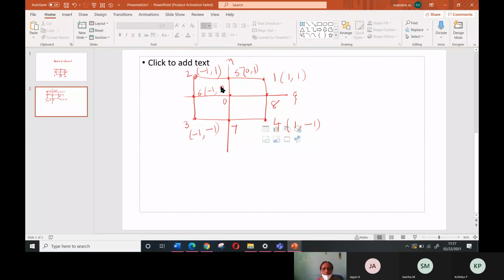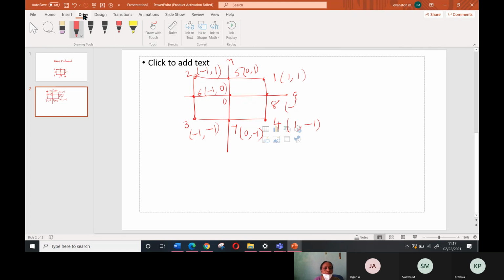Then the 7th point, x is 0 and y is -1. Am I writing correctly? Then this is x is +1 and y is 0. What I have written is correct.